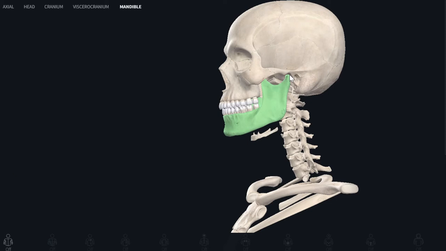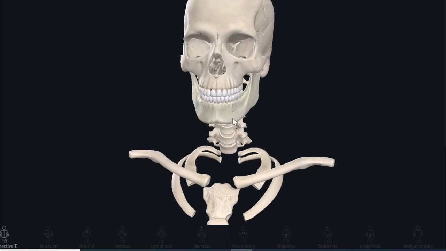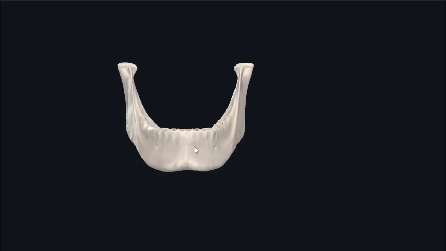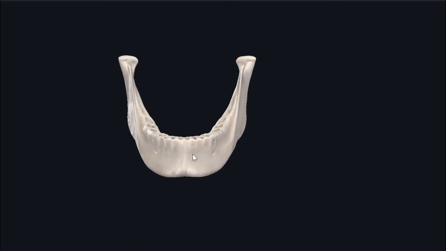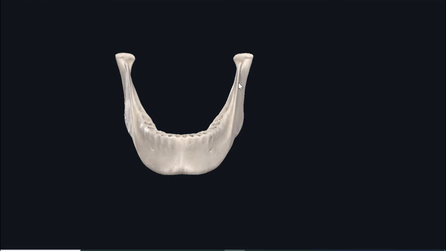As I said in the beginning, it has two parts, a body and two rami. These are the rami, left ramus and right ramus of the mandible, and this is the body.